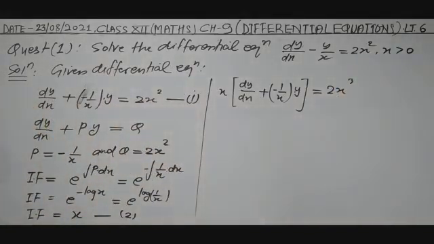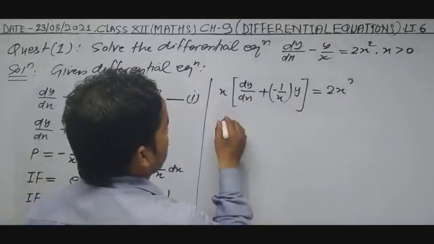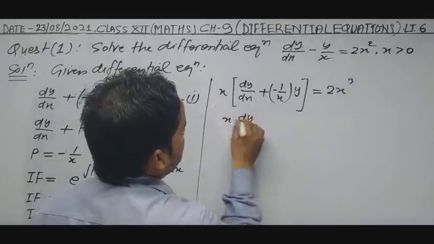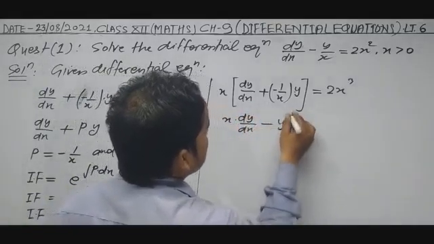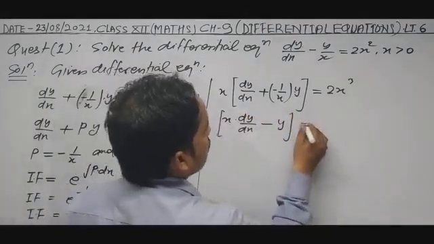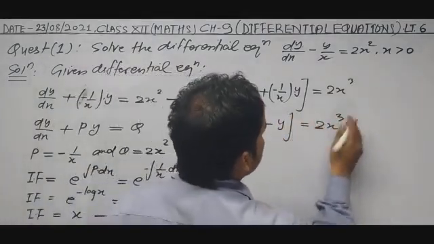Now you will see after multiplying, the result is x times dy by dx minus y is equal to 2x cube.